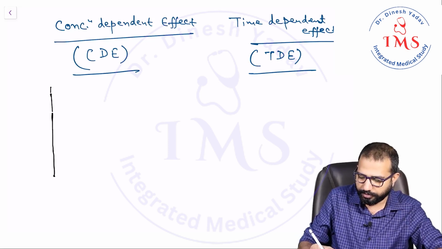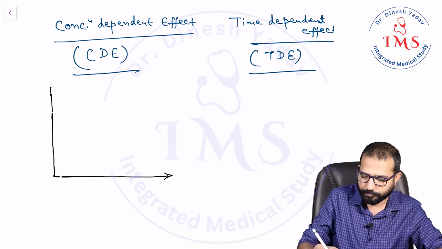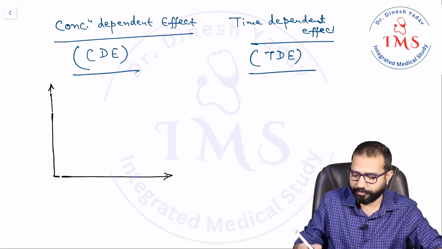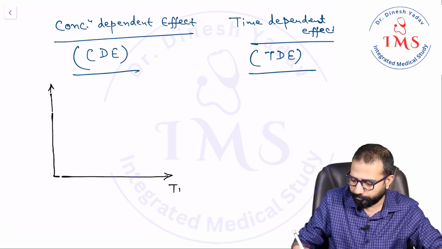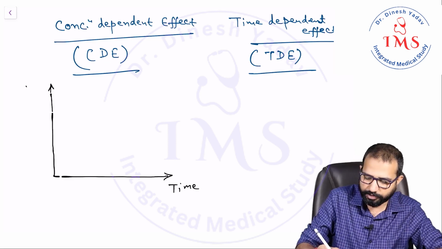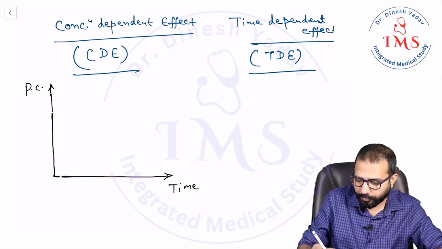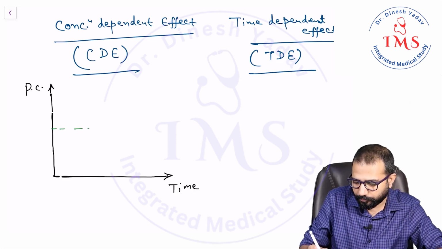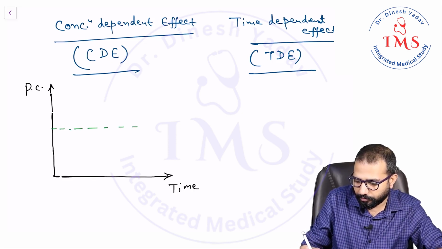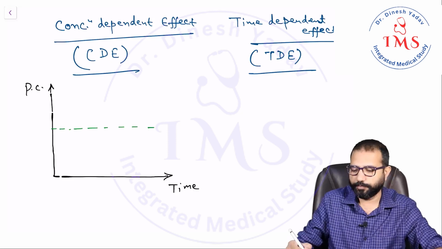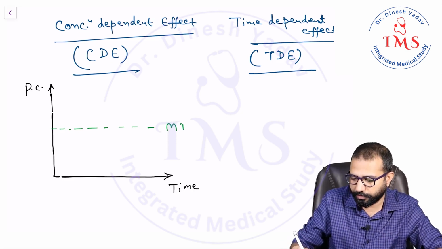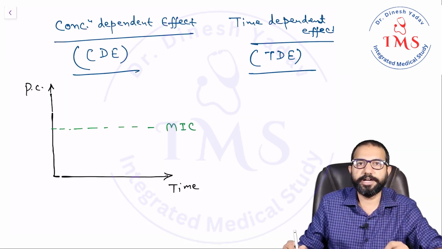In the concentration dependent effect, suppose this is the time and this is the plasma concentration. You give the drug, it will cross this level. This level of plasma concentration is the minimum inhibitory concentration, MIC.